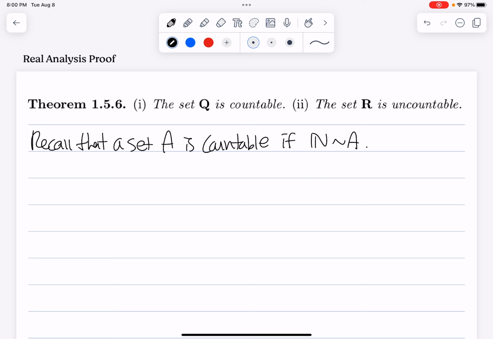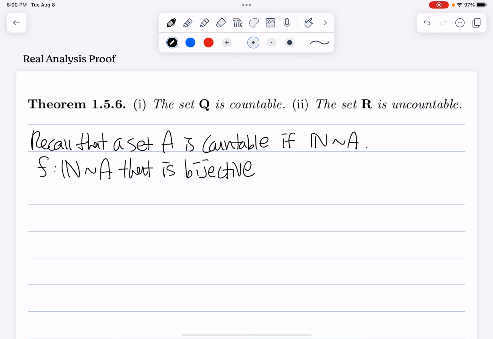So intuitively speaking, to have a one-to-one correspondence means that we can map a function f from the natural numbers to a given set that is bijective, or oftentimes called one-to-one and onto.